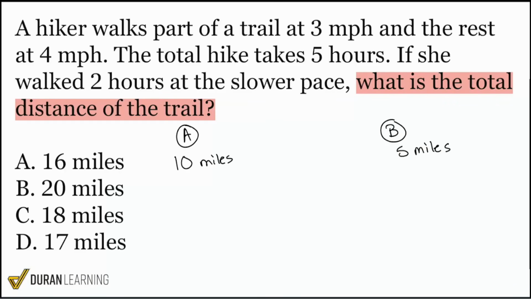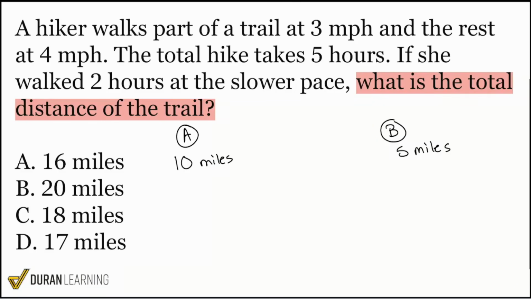Does it make sense to you that if part A of the hike was 10 miles and part B was 5 miles, to get the total distance, I would just add these together? Does that make sense to you, generally speaking? Perfect.